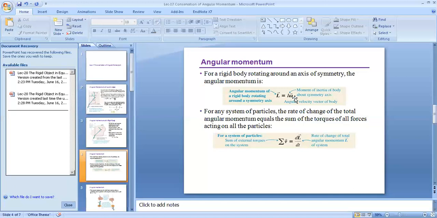One will be the orbital angular momentum, the other will be the spin angular momentum. But here in this case, we say that our axis is a symmetry axis, then I will be representing the moment of inertia about the symmetry axis, and omega is the angular velocity of the body. Capital L with arrowhead is representing the angular momentum of the rigid body rotating around the symmetry axis.